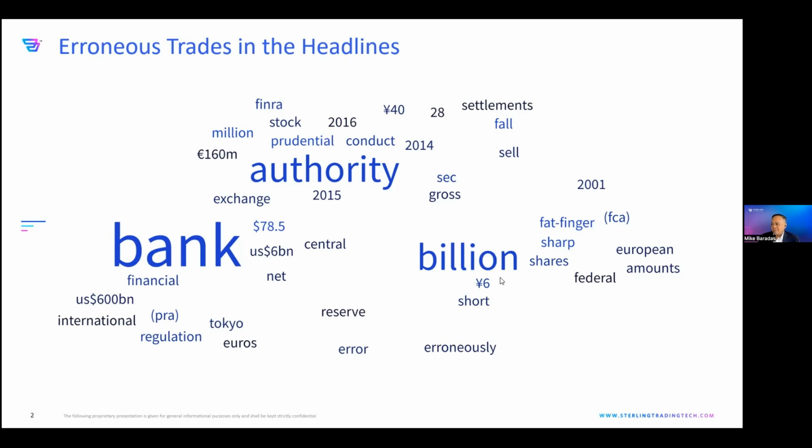I removed all the firm names in those headlines, but as you can see, the larger words, whether authority, meaning different regulators, or a bank, an institution or an investment firm, are prominent in headlines when there are erroneous trades. And then billion, the size of the order or orders that may have caused erroneous trades, or the fines, which run into the millions of dollars when erroneous trades happen.